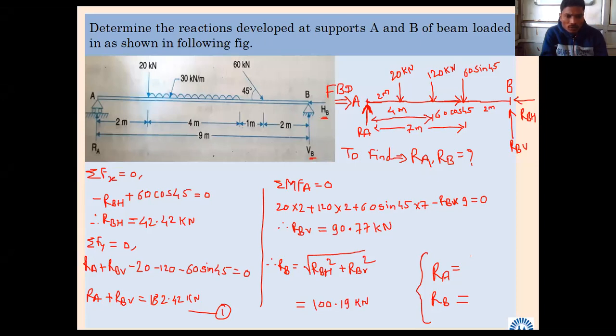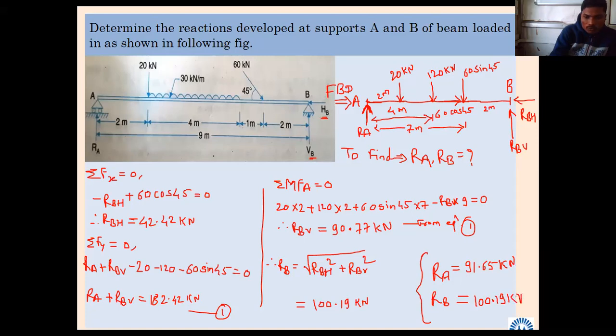We have not found. RA, just check from equation number 1. What is RA? Actually, from equation 1 we might have found. What is the value of RA from equation 1? 91.65. Okay. And what is the value of RB? 100.19 kilonewton.